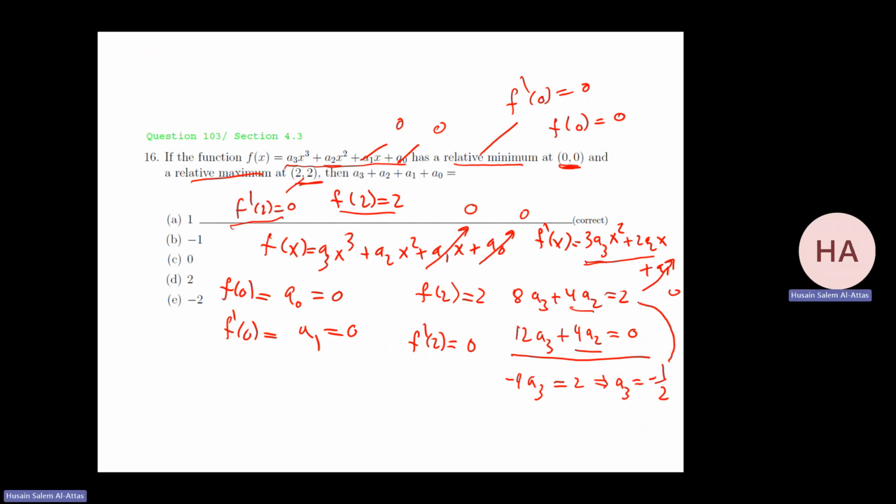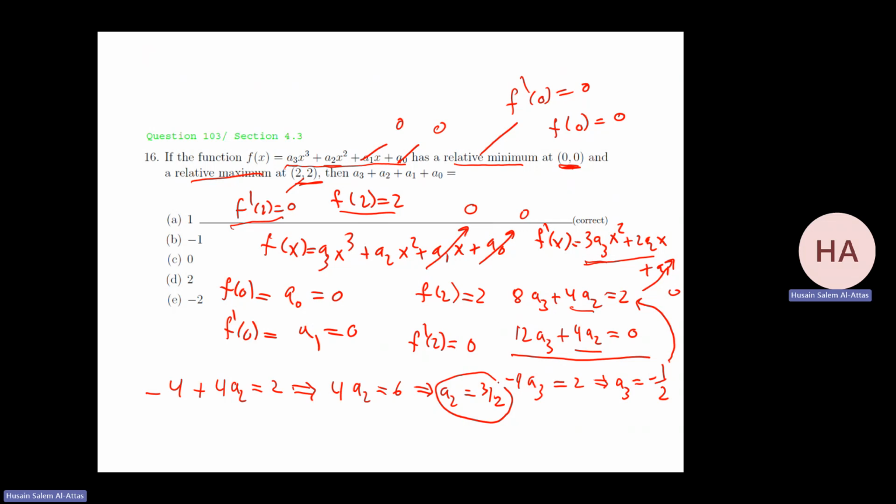Plug it here. To have what? 8 a3, 8 times minus half, which is minus 4, plus 4a2 equals 2. So I have 4a2 equals 6. So a2 will be 3 over 2.